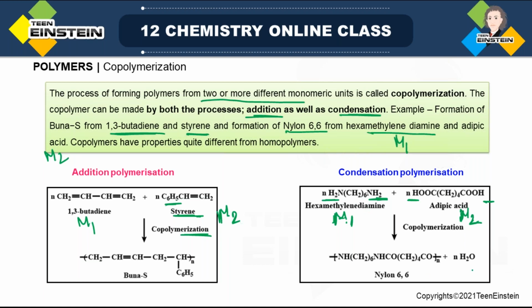There will be removal of water molecules. You can see n number of water molecules are removed, and there will be formation of amide groups, NHCO. Now, the properties of copolymers are quite different from those of homopolymers.